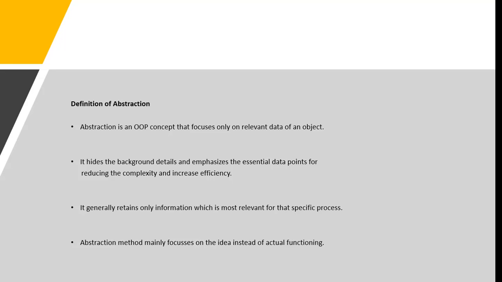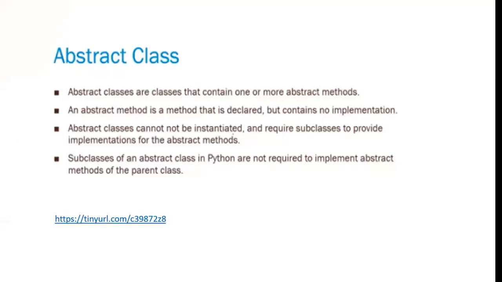And then it retains only information which is relevant for that specific process. And we are saying that it mainly focuses on the idea instead of the actual functioning. So remember, it's an abstract, it's only an idea. We don't know all the details of what's going to happen after that. Now, on to my next slide, and this is one that I would like you to pay special attention to.